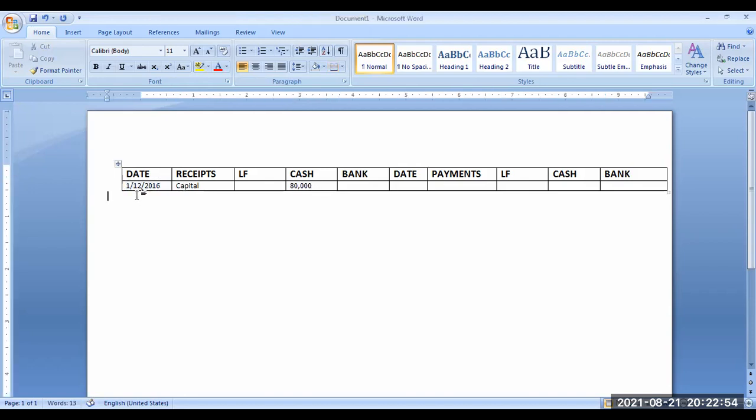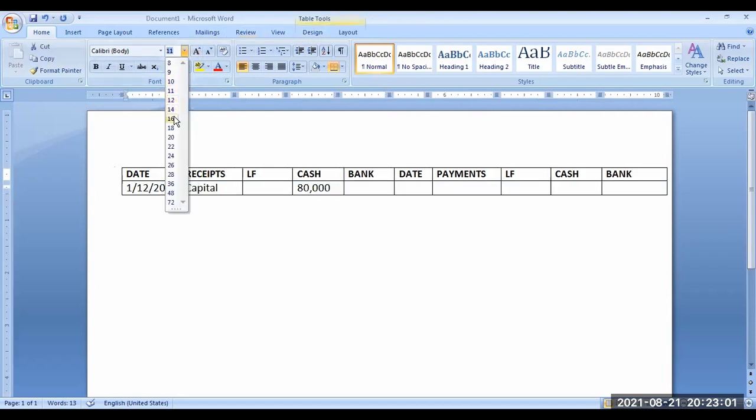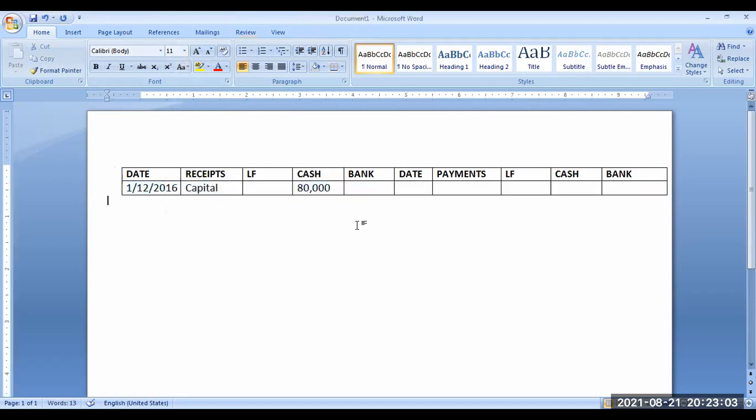Is it visible? Shall I increase the font? Now is it okay? Now the second transaction, what is it? Deposited in bank. You deposited money in bank, so what happens then?